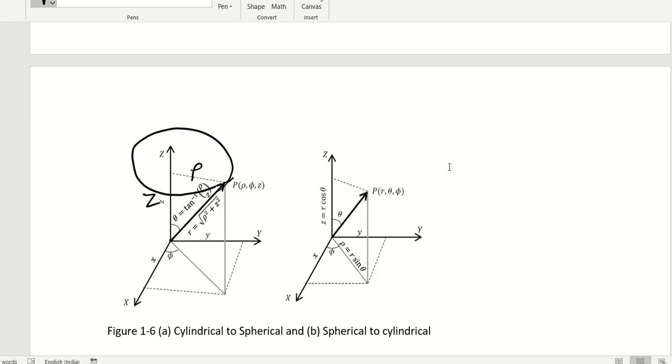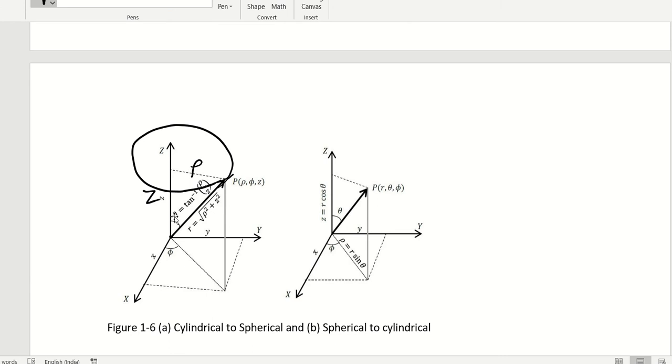Similarly, I can have theta and phi. Theta, in this triangle you see, is tan inverse of rho by z. Similarly, phi: I have dropped it down here.